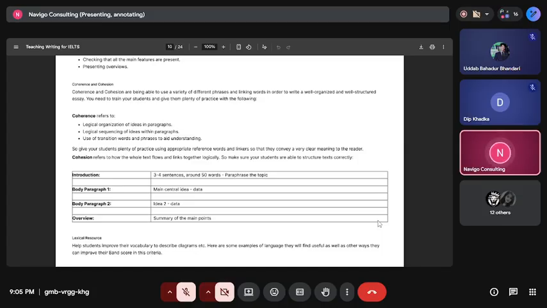So this is how your essay or your writing looks structured. So the structure or logical sequencing or the organization is in the overall writing as well as in a particular paragraph. Everywhere there is logical sequencing or logical organization of your ideas. That is coherence, right?